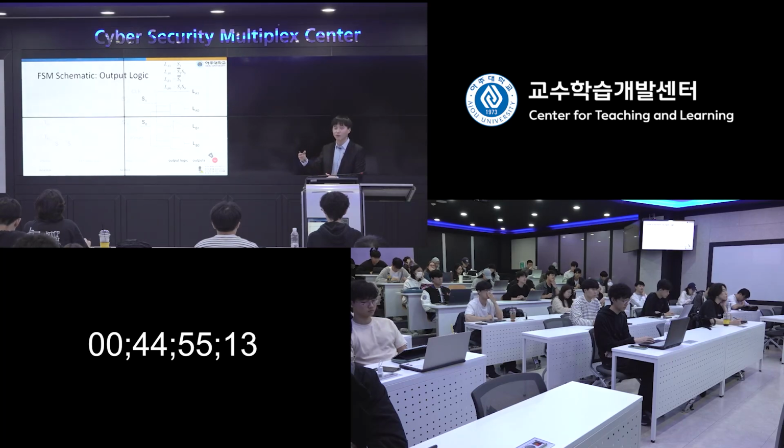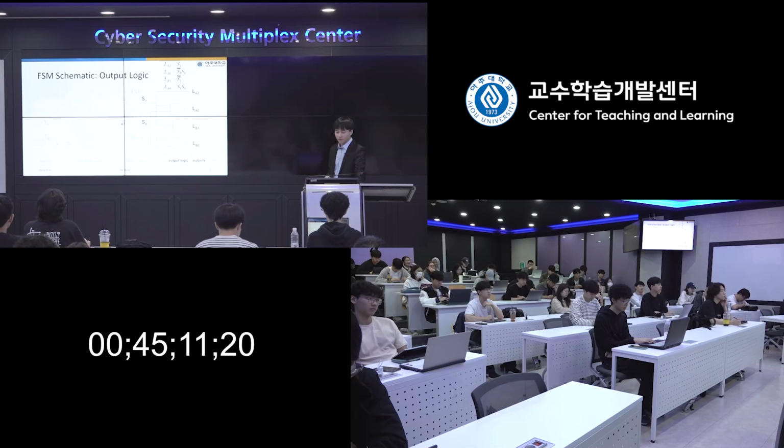Later on, if you want to upgrade it, you need to redesign a new digital circuit to fulfill new purposes, new functions. So this is the comparison between digital design, or electronic design, and software design.